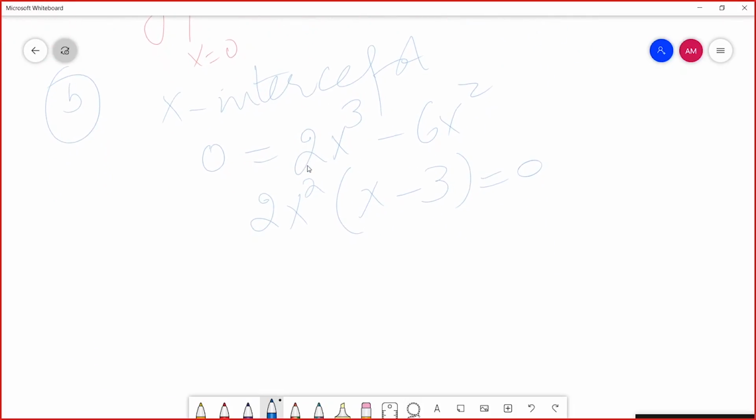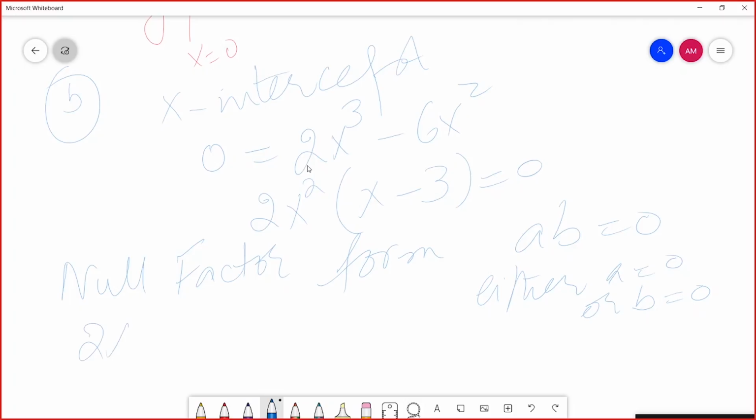Now this is a null factor form. What is meant by null factor form? If a times b is equal to 0, it means either a is equal to 0 or b is equal to 0, or both. So 2x square is equal to 0 or x minus 3 is equal to 0.